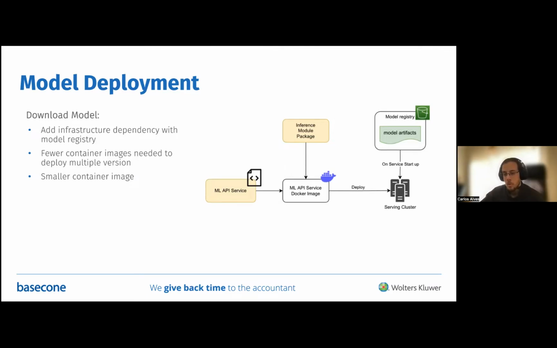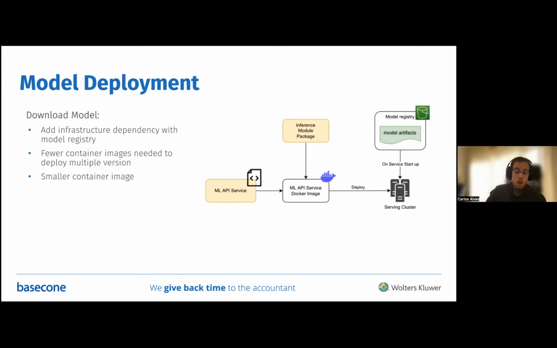This Docker image will be deployed in a serving cluster. It can be a Kubernetes, for example. And when the server is starting up, it will download the model artifacts from another third-party infrastructure. It can be a model registry, it can be an S3 bucket. But the thing is, we have this external dependency in this step of the process.